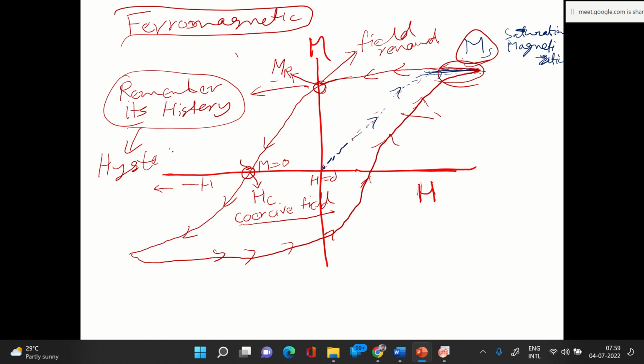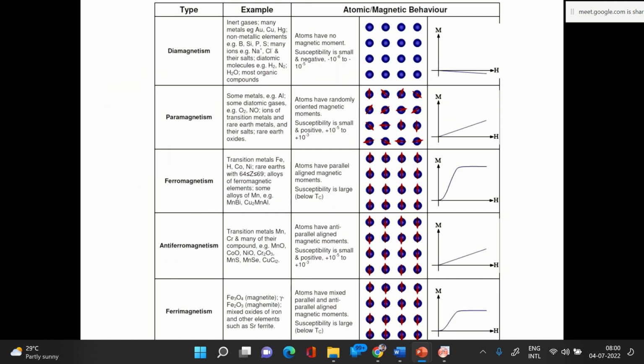Hysteresis. This kind of loop, if you are getting an MH loop, we call it magnetic hysteresis curve. And so a ferromagnetic typically shows this kind of hysteresis profile, which right now in this small thing is not shown.